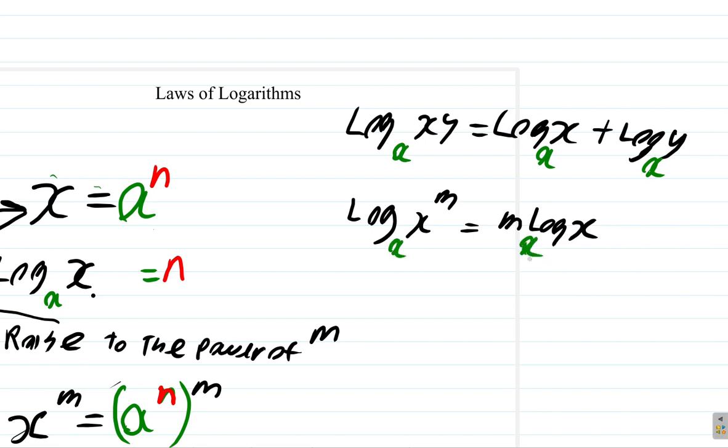Right? You see, it's as if we just make the power jump in front and come here. Right? So there we have our first two laws of logarithms. Next time we look at another law.